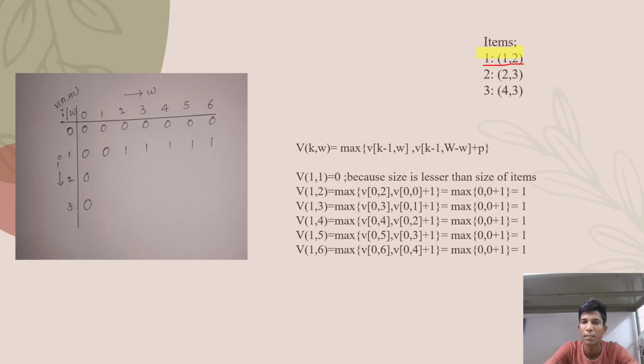Let us insert the first item into the bag. When you insert the item into the bag, the weight of the bag must be greater than or equal to the weight of the item.